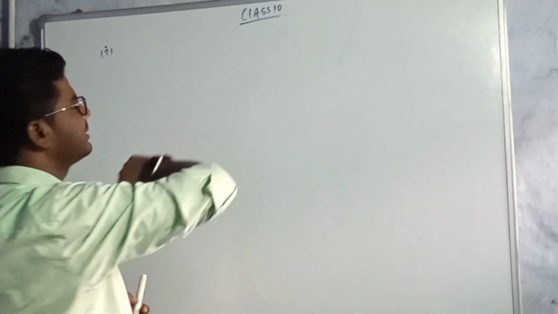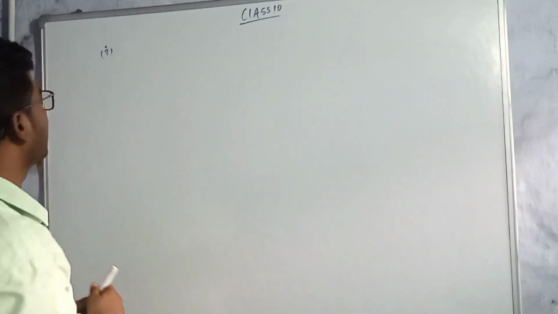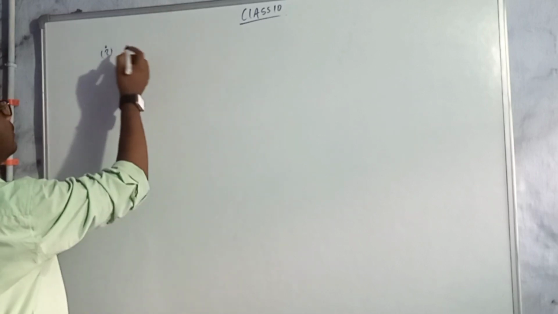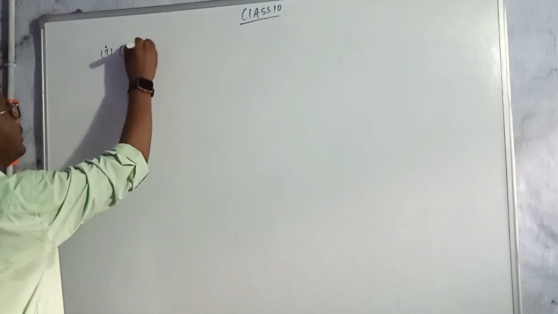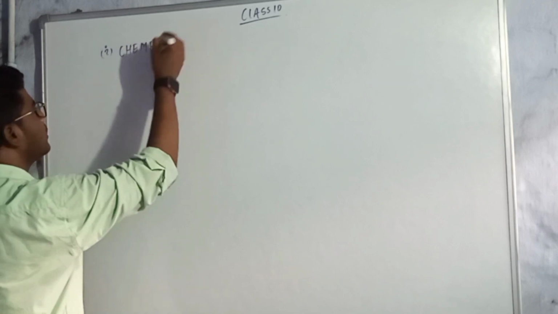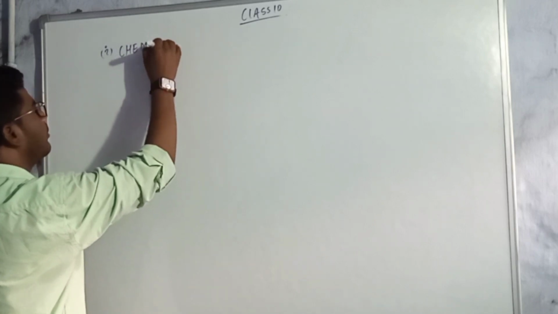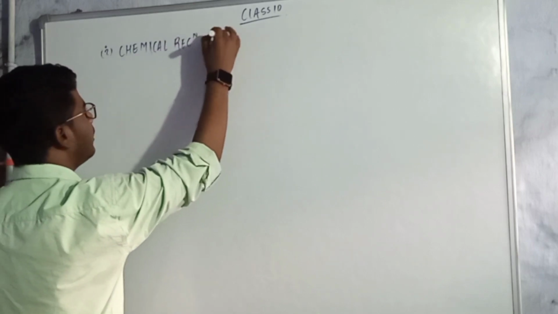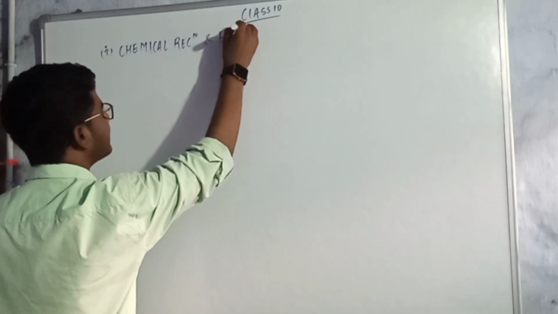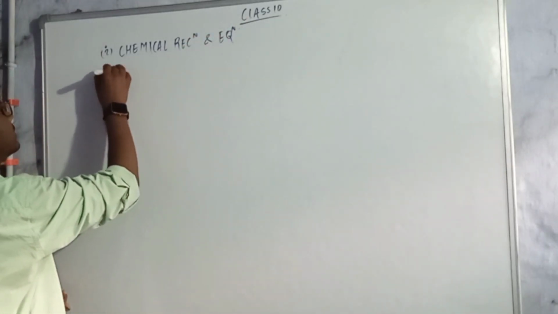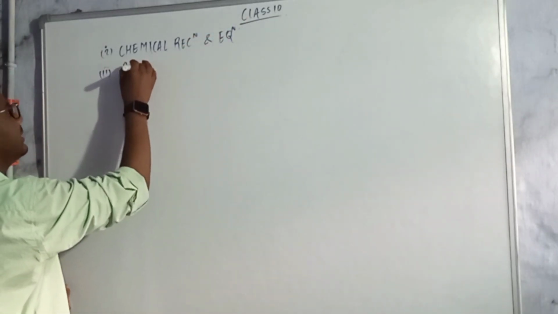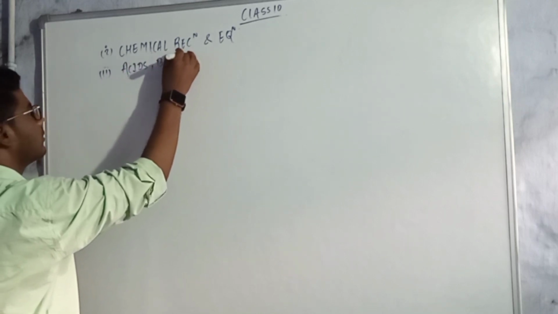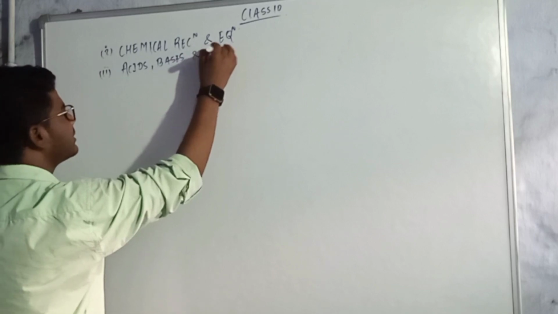I have selected class 10 topics in chemistry. Mainly there are 4 chapters which we have to learn. The first one is chemical reaction and equation. The second one is acids, bases and salts.